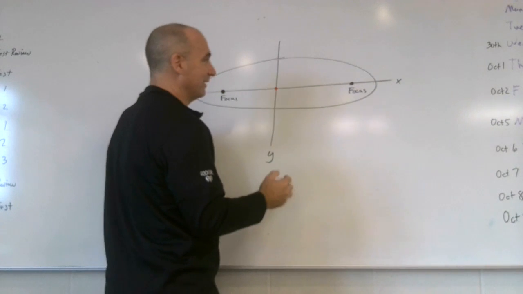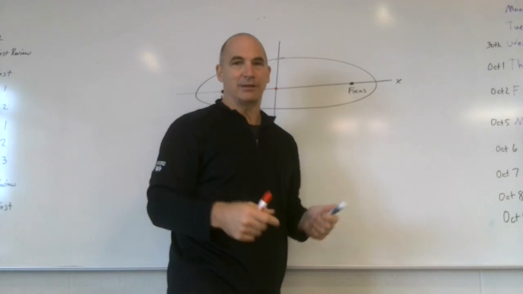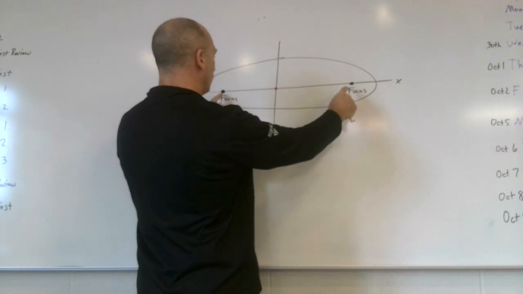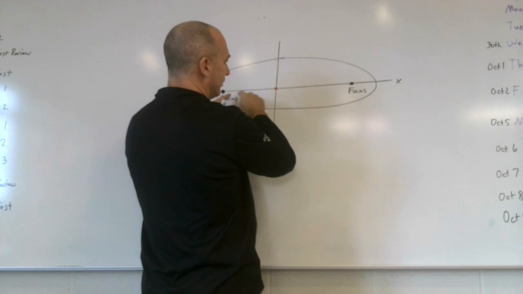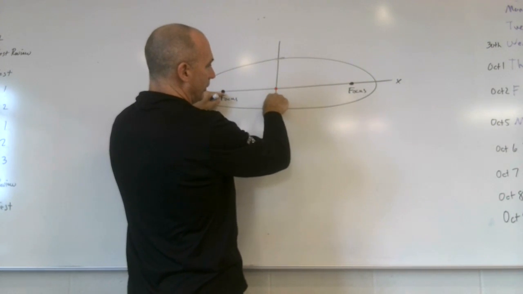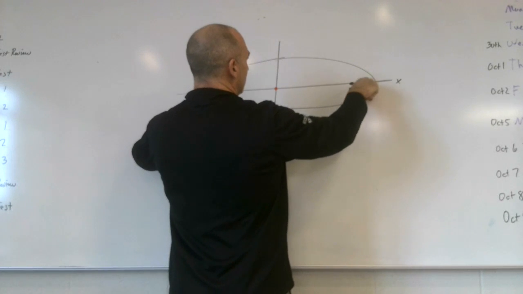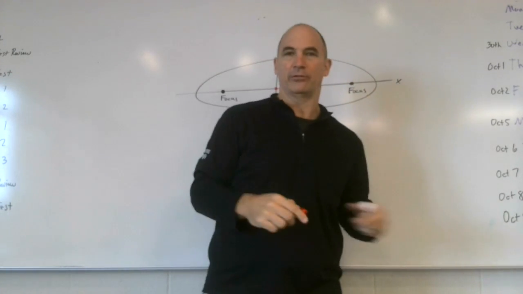But that distance is important because in class, what I do when I teach this is I have two students grab a string, and the string's kind of drooping down like this. And they hold the string here, and they hold the string here. Then I grab a marker, and I push against the string. It actually draws the ellipse for us.